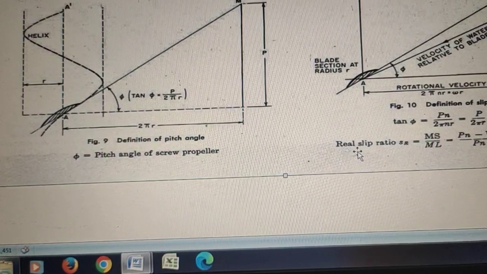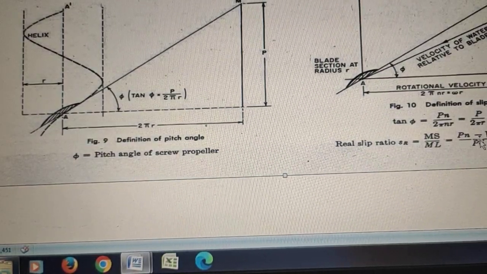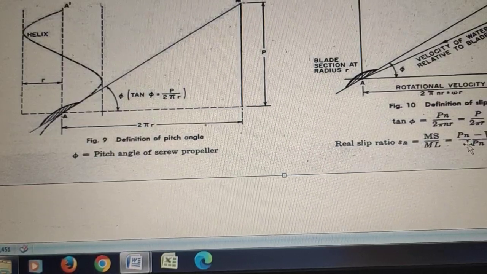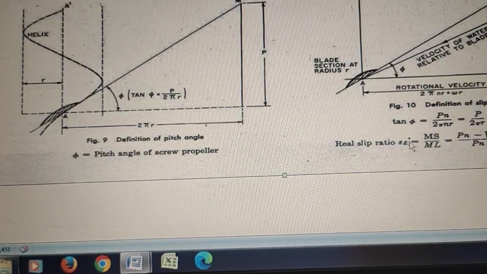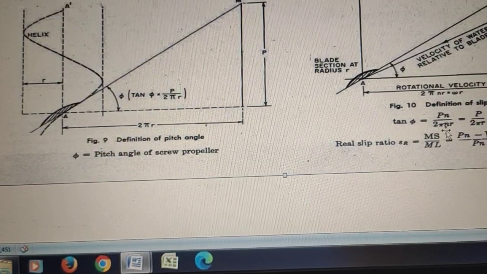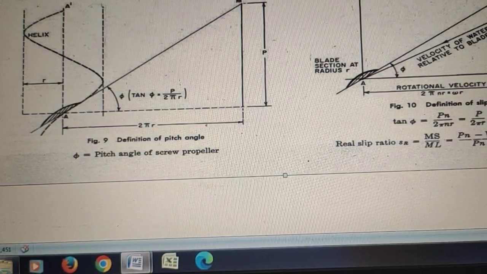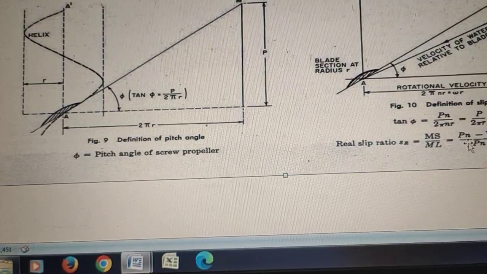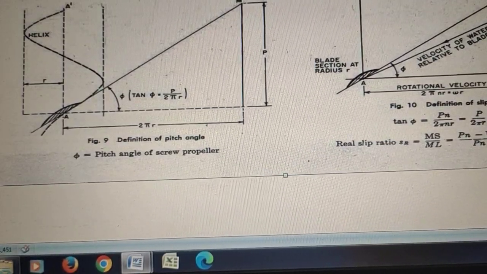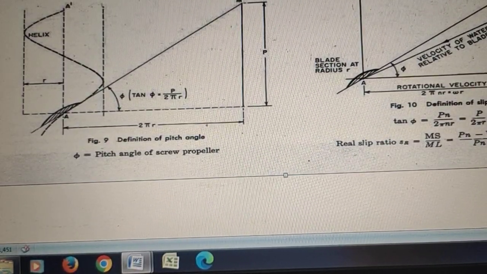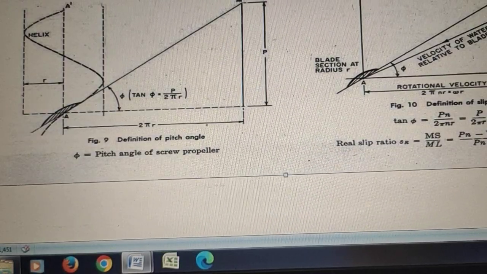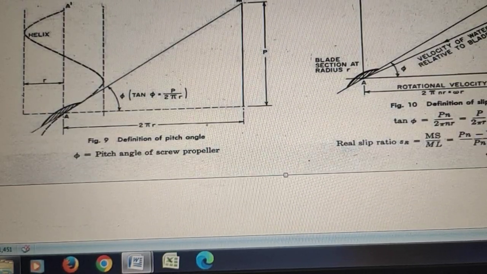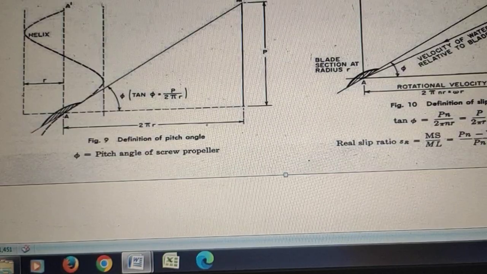That's the pitch angle. The slip, we will treat more of this in your handout anyway, but you can see the slip is ms over ml. That is the slip, and it's given as Pn. You can see Pn minus V against Pn, which can be further treated as this.